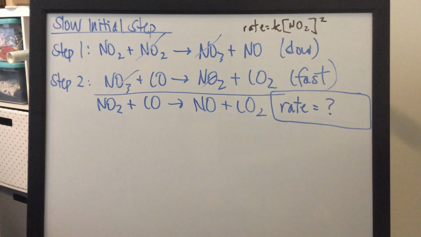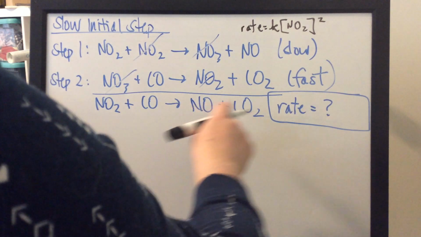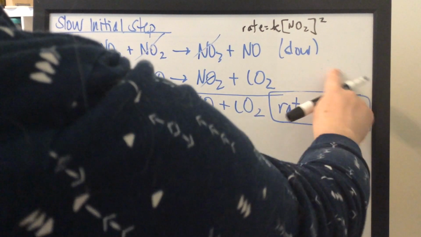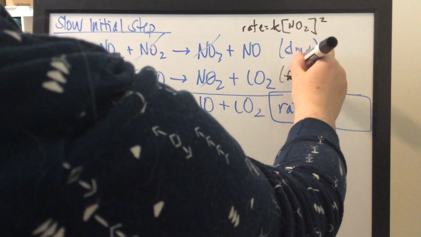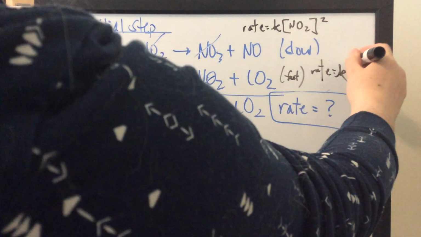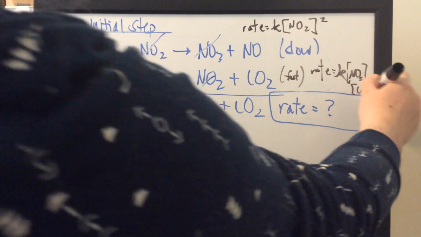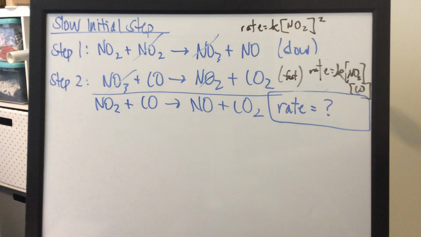Remember, if it's elementary, the rate law comes solely from the stoich, right? And in the second step, the rate would be equal to the concentration of NO3 times the concentration of CO. Okay, and again, because it's coming from the pure stoich of the reaction.